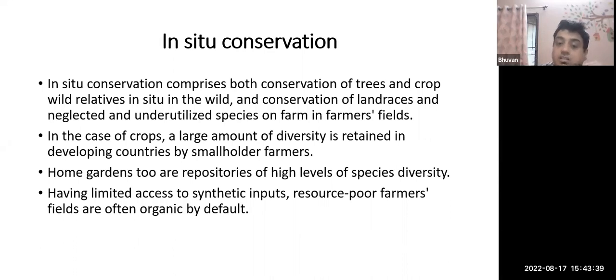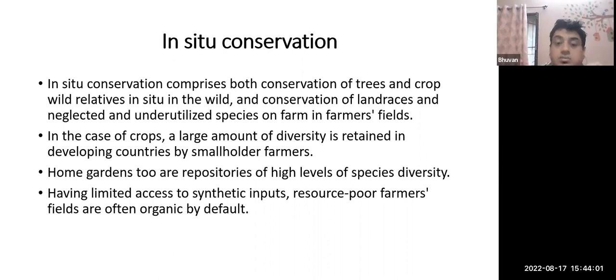Then there are home gardens, many kinds of which cultivate various fruit plants, condiments, and spices along with the main crops. So they are also repositories of a large number of species.